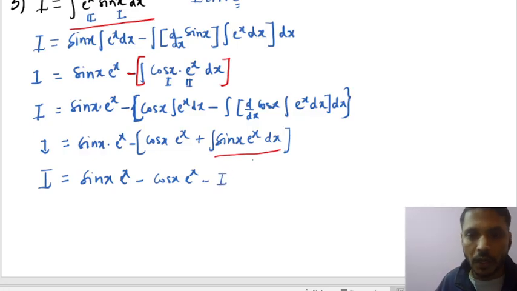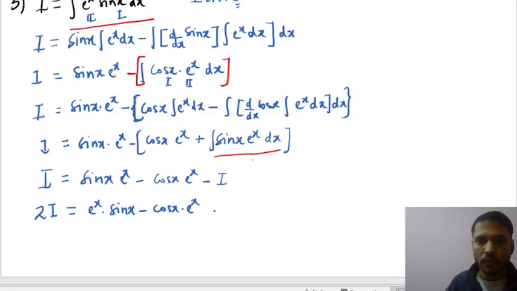So this is minus I, and if you take this minus I to the LHS, the left side, it will become I plus I, which is 2I, right? So 2I is equal to, we have e to the power x, I am writing first, and sin x minus cos x, and here also we have e to the power x.